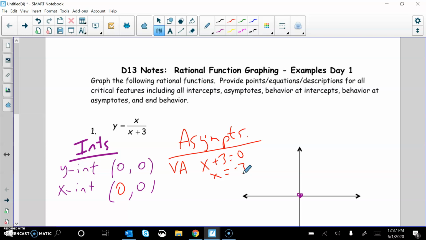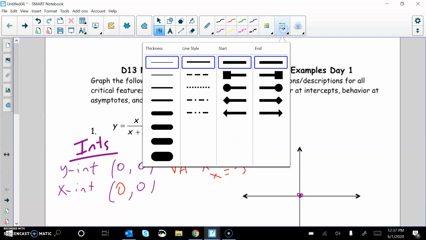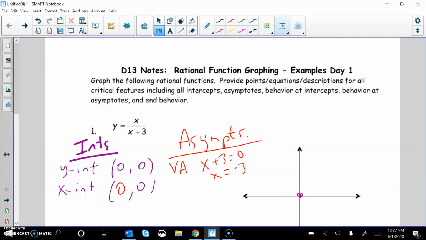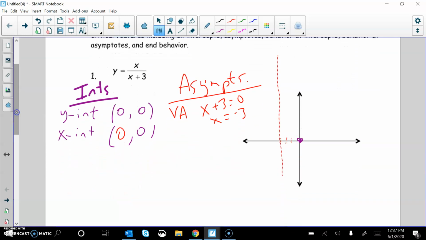So depending on what the denominator is, you can have multiple vertical asymptotes. So at -3, we have a vertical asymptote. Let me extend this a bit more. All right, horizontal asymptotes. All right, so that one requires a bit of work.